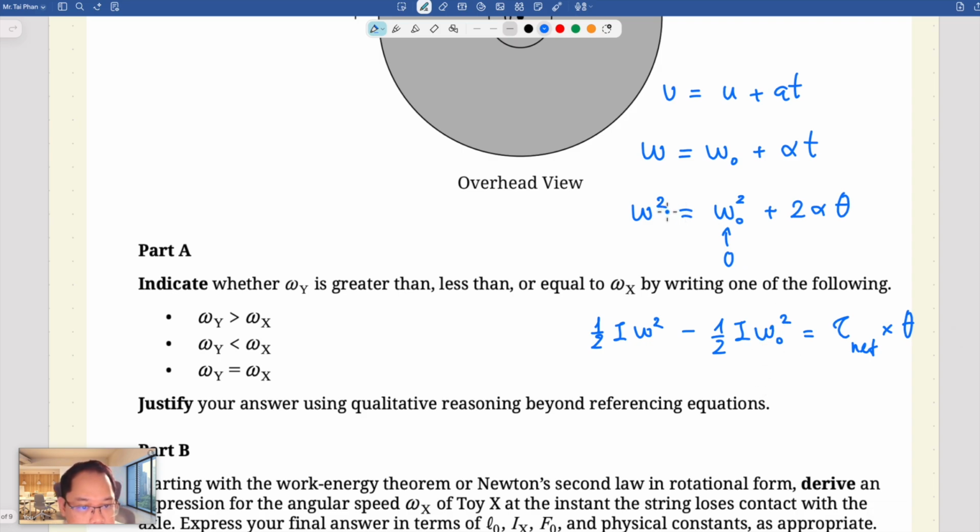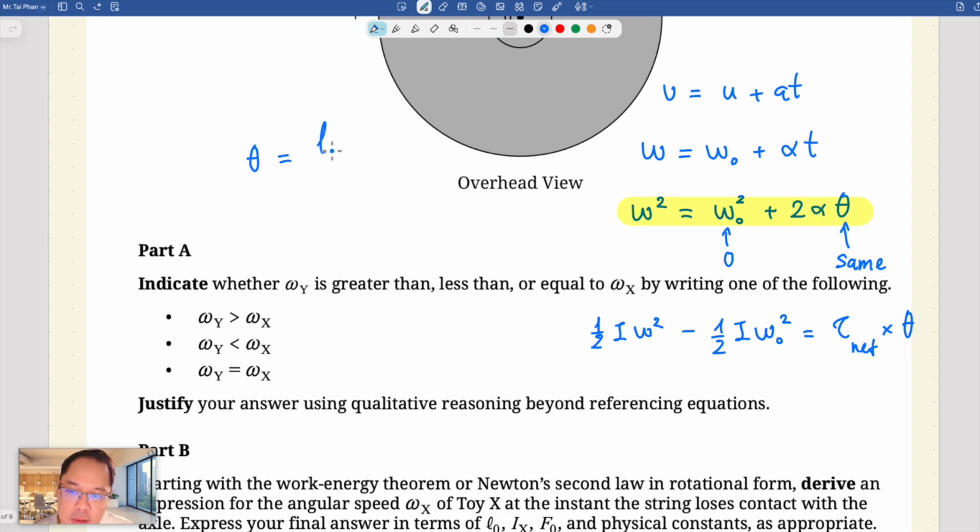So we will use this equation to justify which angular speed, of toy Y or toy X, is greater. Okay, the key is that the angle theta that they rotate is the same for both toys, because that angle theta is the ratio between the length that one point on the upper portion of the two toys rotates.